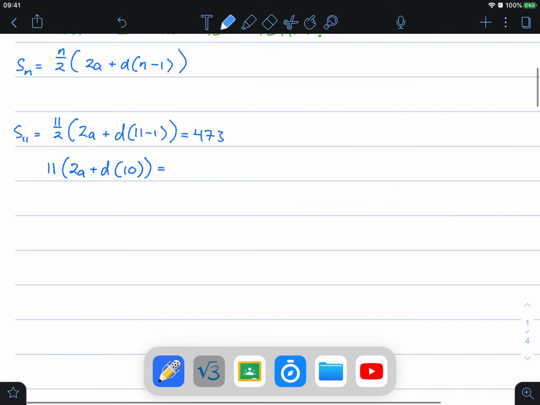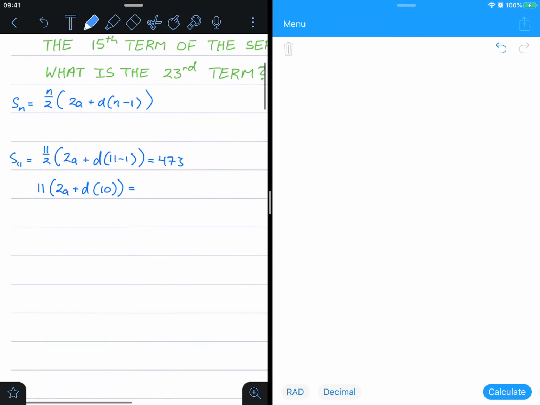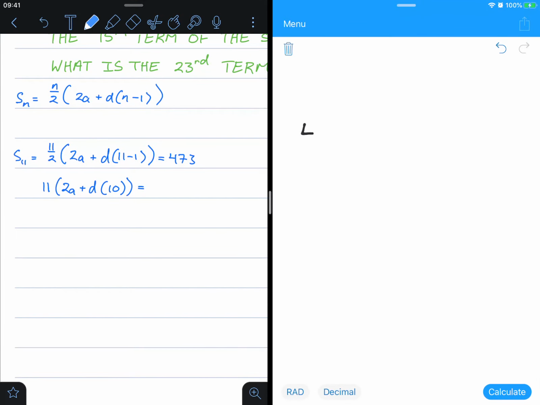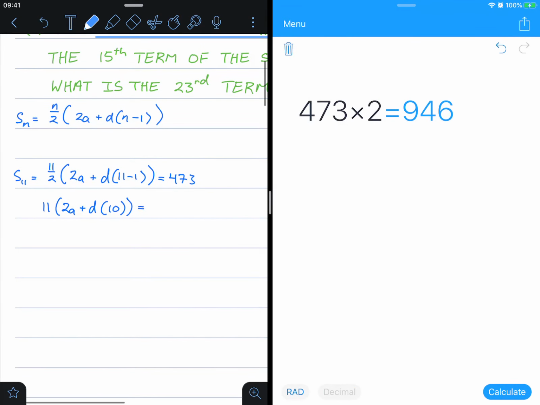473 times 2, and you know what, I'll divide by the 11 as well, so 473 times 2, it's 946. And if we divide by 11, do we get a nice number? Let's test it here. 86.